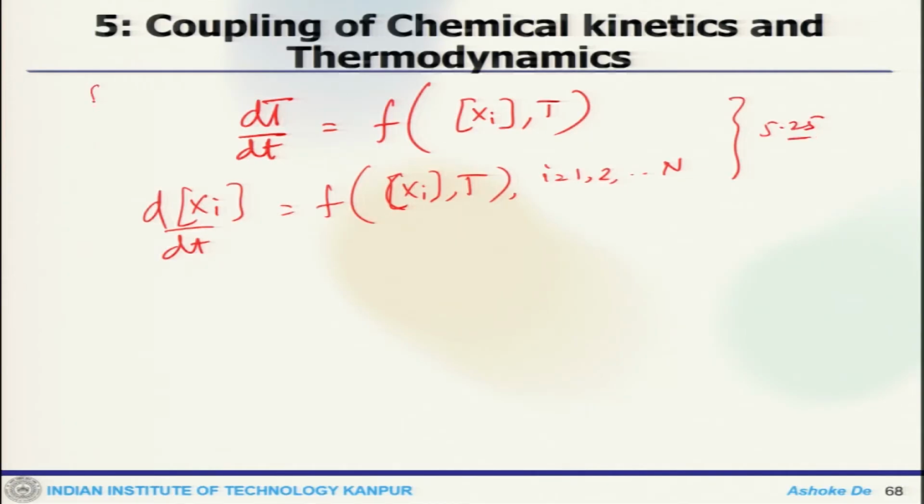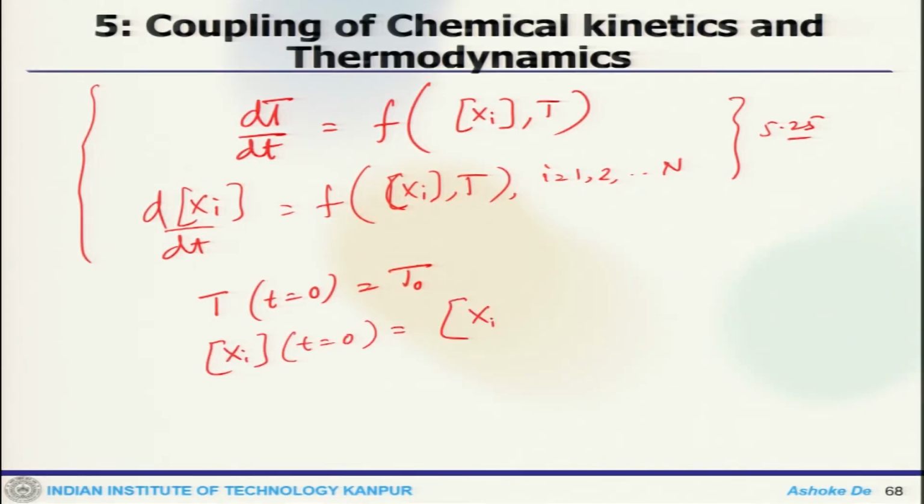Now, this set of equations can be solved with the initial conditions like T at 0 equals T naught and x_i at 0 equals x_i naught.